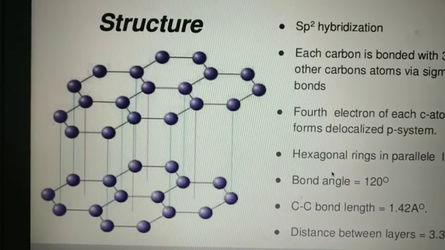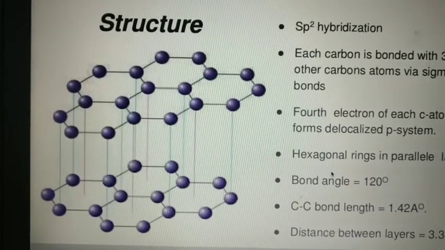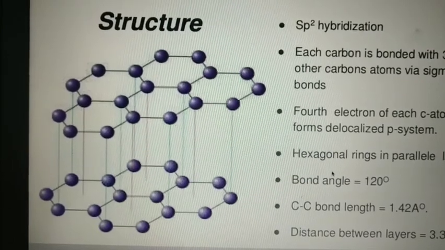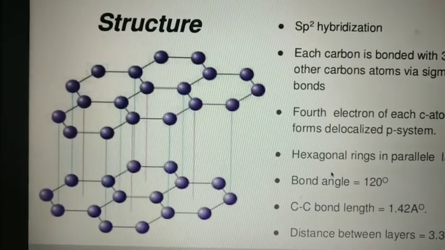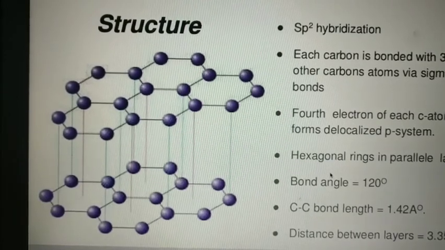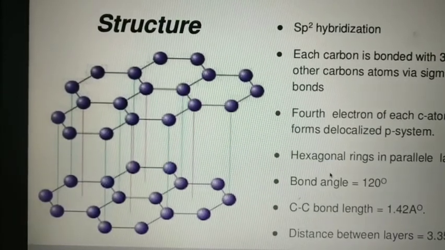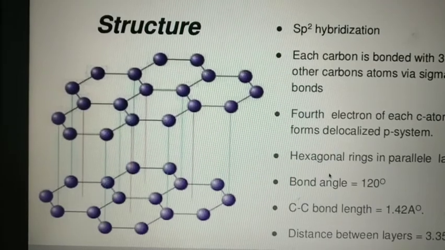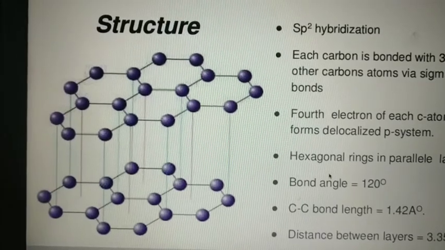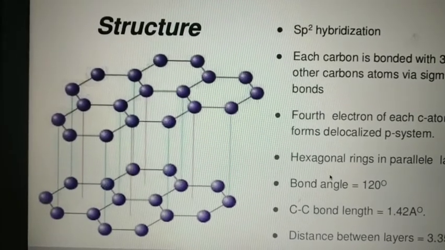But diamond is a bad conductor of heat and electricity. But graphite is a good conductor of heat and electricity. Graphite has a very high melting point. Graphite is also insoluble in all common solvents. It burns in air at 700 to 800 degrees Celsius. But diamond burns at 900 degrees Celsius to give carbon dioxide.